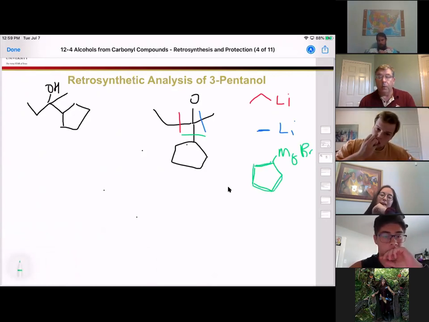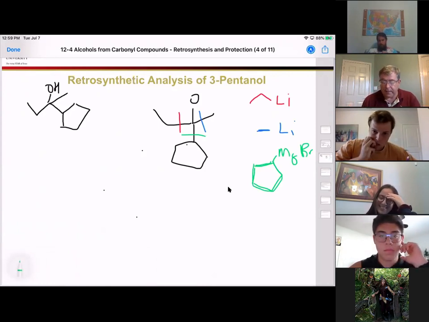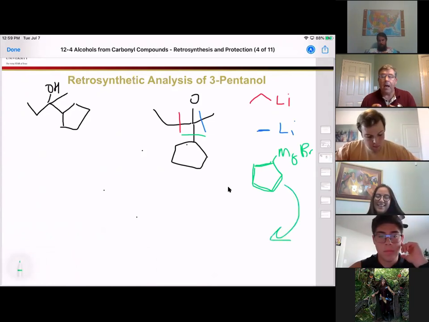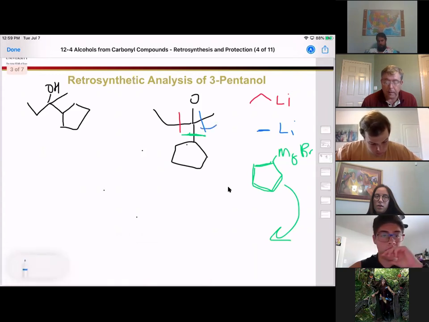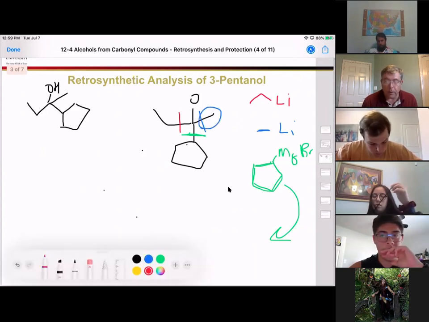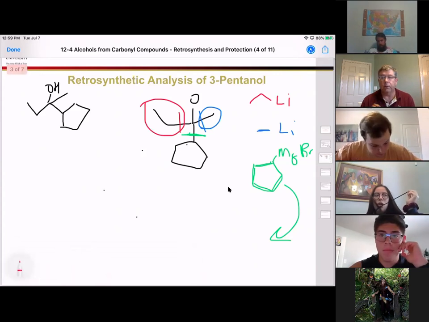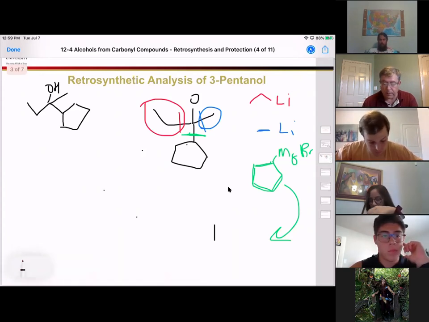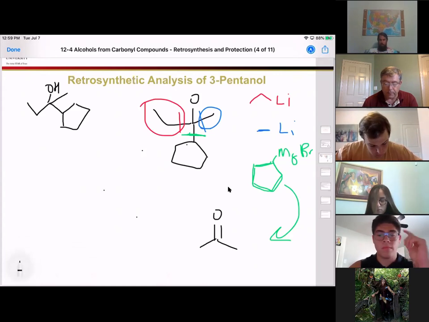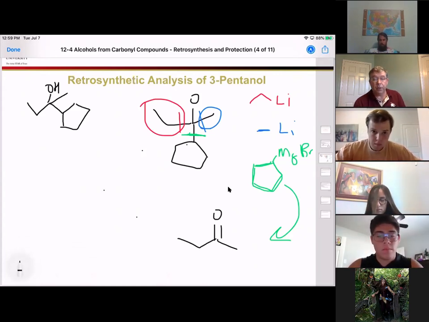Okay. So what we have to do is now pick one and say, okay, let's pick this one right here. Now we have to figure out what the carbonyl compound was. And since we're adding this, we're breaking this bond, that means that this methyl group and this ethyl group were already on the carbonyl when we started. If we have two R groups on that carbonyl, that makes it a ketone, which means our starting carbonyl compound must be the methyl ethyl ketone, or in this case, butanone.